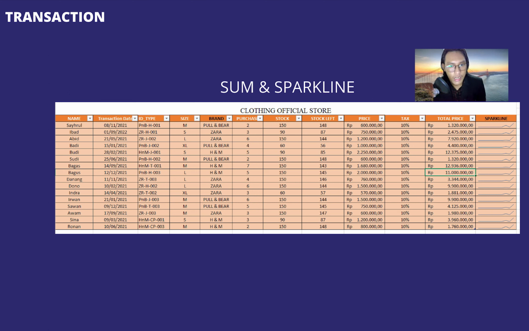Okay, sparkline. A sparkline is a teeny chart in a worksheet cell that provides a visual representation of data. Use sparklines to show trends in a series of values, such as seasonal increases or decreases, economic cycles, or to highlight maximum and minimum values.